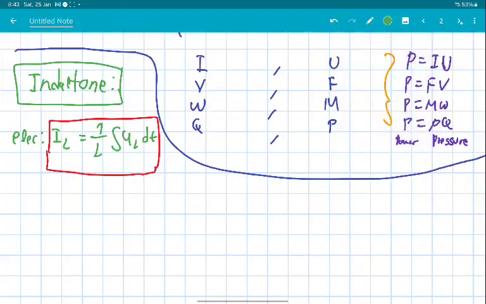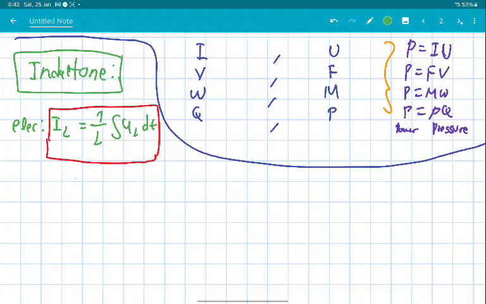So from using this itself, we rearrange this, we know that UL is equal to L multiplied by DIL over dt.